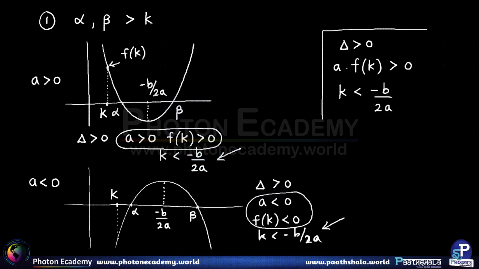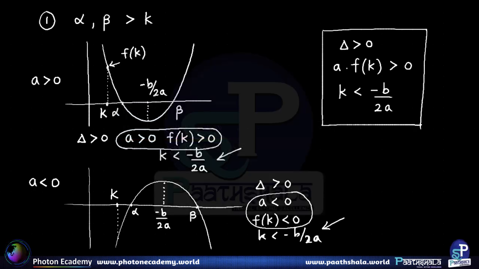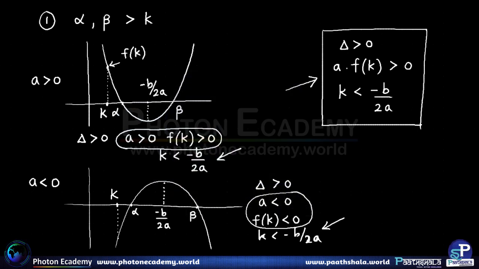So this is the final set of conditions for the two roots to be greater than some number k. And it is applicable in the other way also, that is, if we are given that these particular conditions are present, then we can deduce that the two roots are greater than that number k. So this is how we develop the conditions for location of roots.